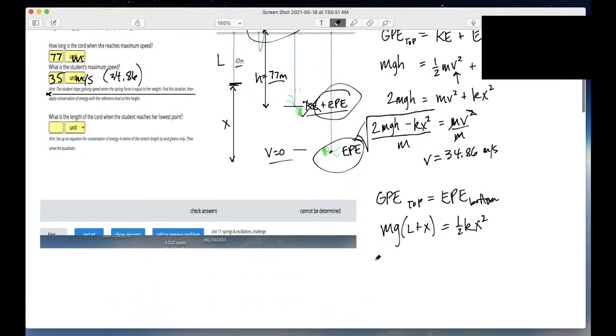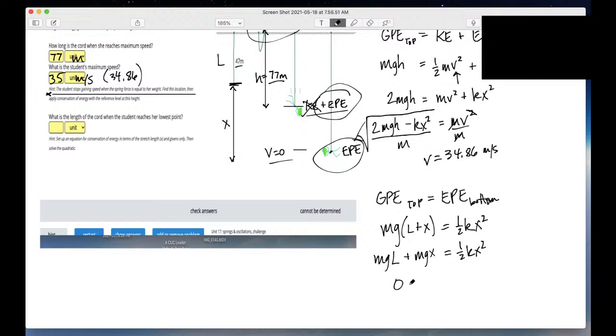So if we put this as mgL plus mgx, that's equal to 1/2 k x squared. So to put this in quadratic form, we need 0 on the left, so we're going to subtract both of these from the left.